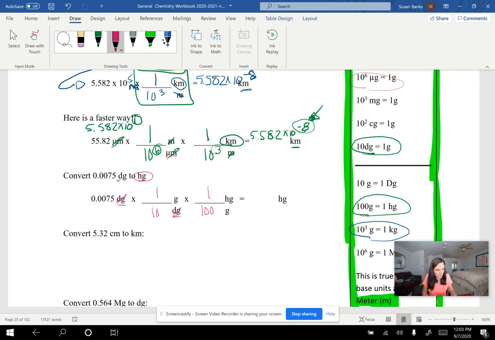And I'm going to divide it by 100 because that also is on the bottom. So this will give me 7.5 times 10 to the negative 6.